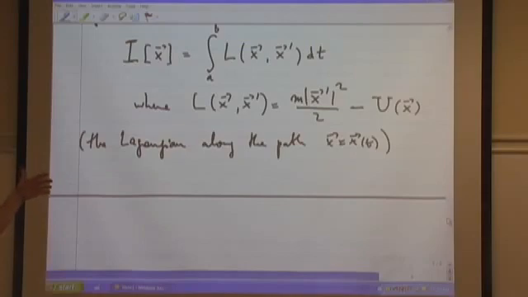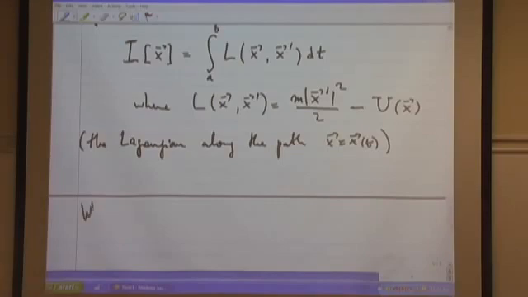Well, the optimal path will be a potential minimizer. If there is a unique minimizer, that's going to be the motion that takes place. I mean, ma equals force. Okay?